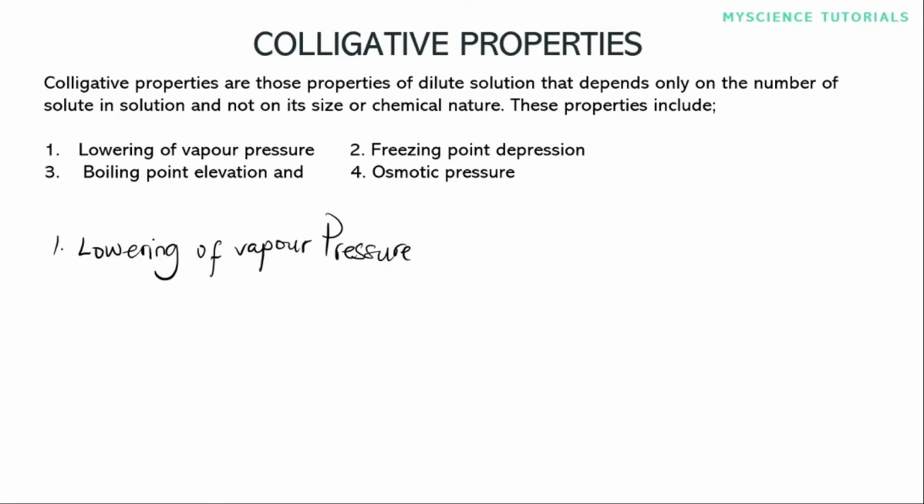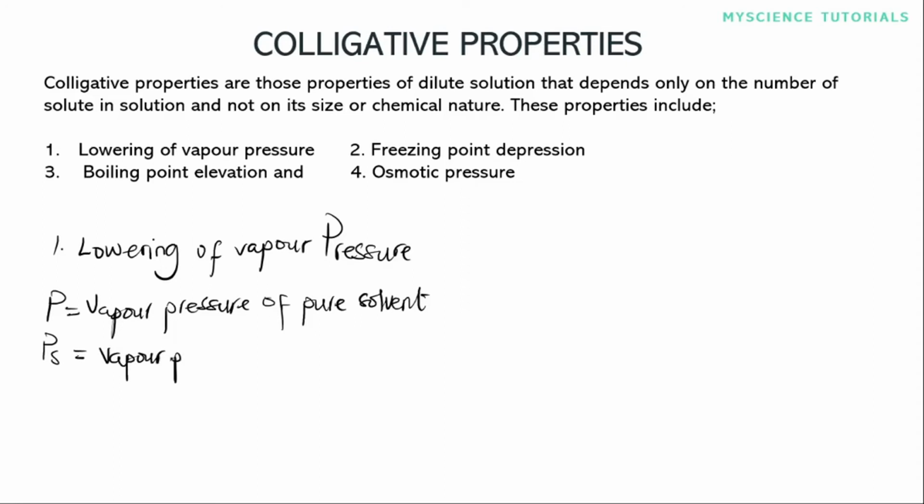Now if we are representing P as the vapor pressure of the pure solvent, and we are using PS as the vapor pressure of the solution, then we can say the vapor pressure depression or lowering of vapor pressure, which is delta P, will be equal to what?